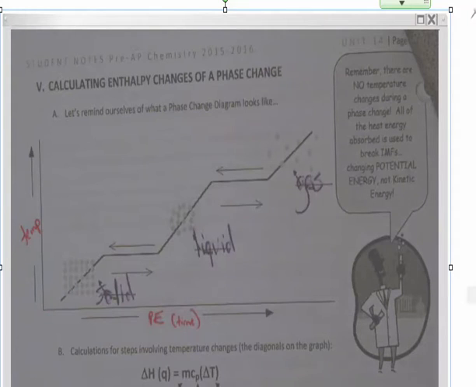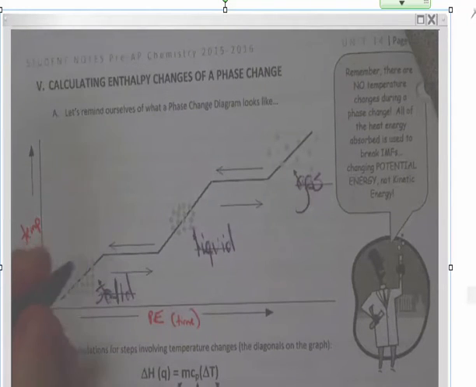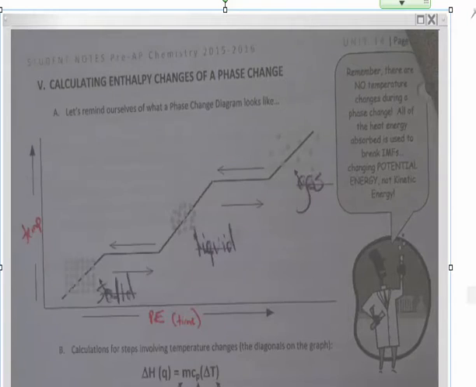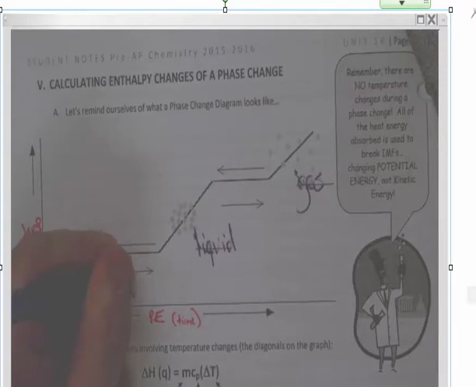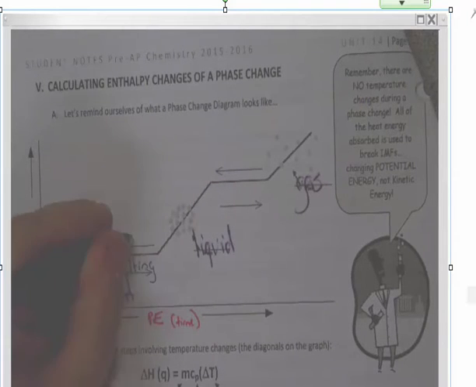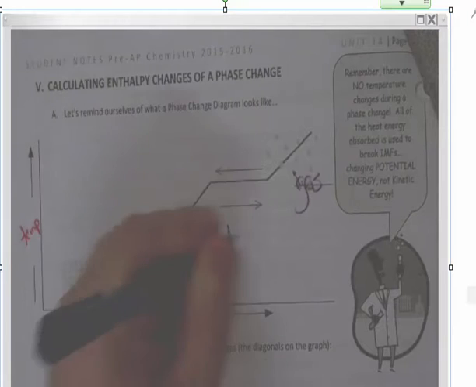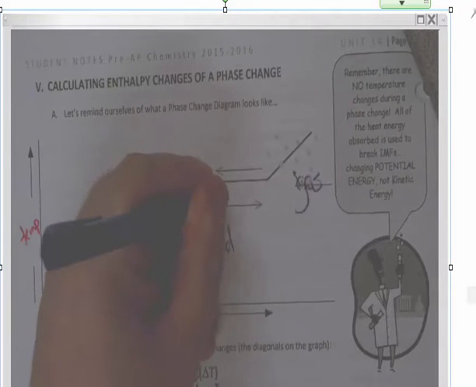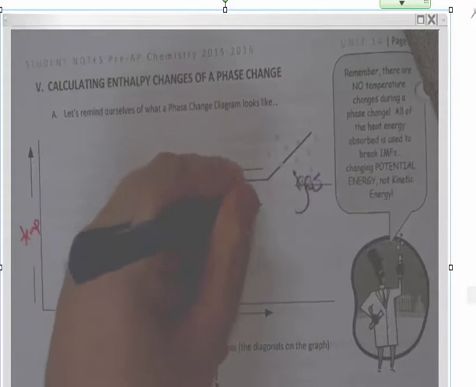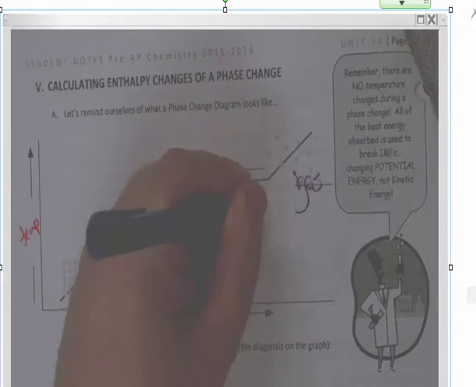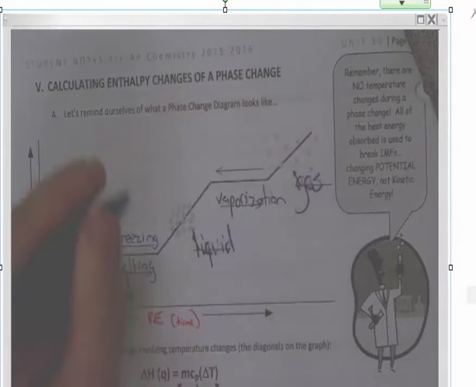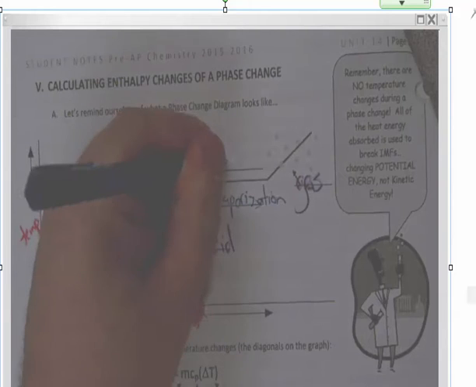Going from solid to liquid, that would be melting. Liquid to solid would be freezing. Liquid to gas would be vaporization. And gas to liquid would be condensation.